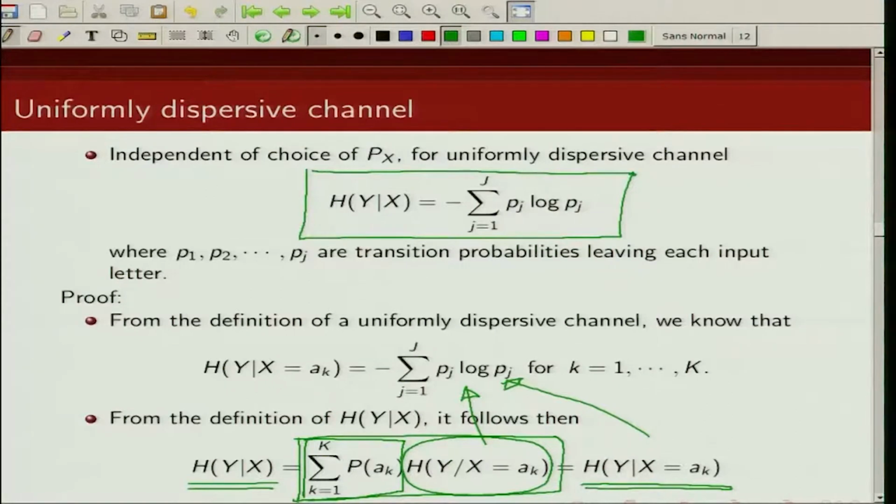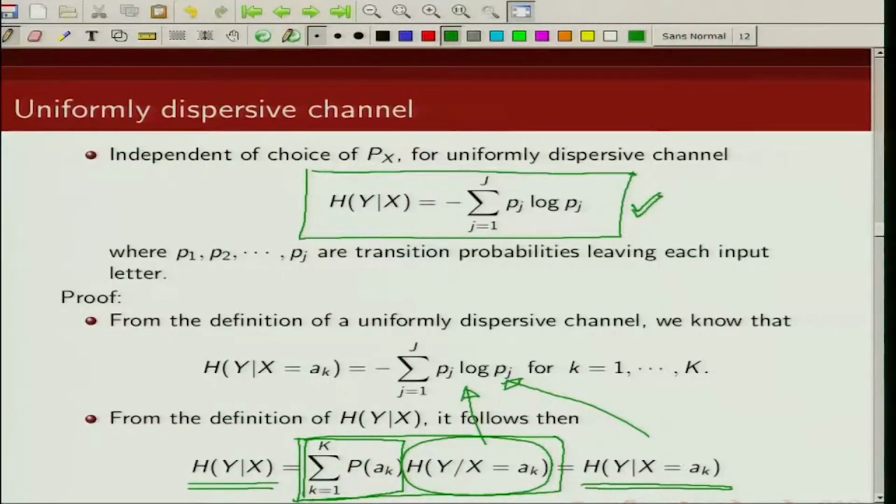No matter what the choice of input distribution is, the uncertainty in y given x for a uniformly dispersive channel is given by this expression.